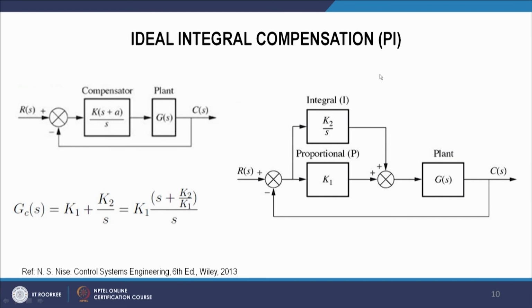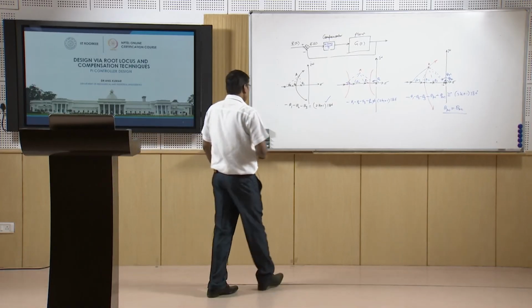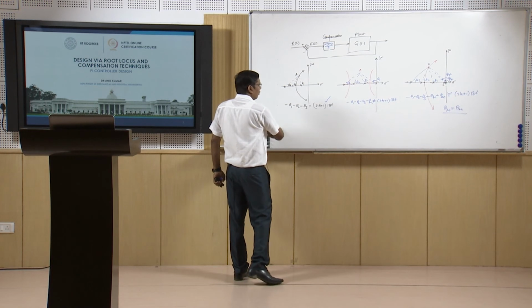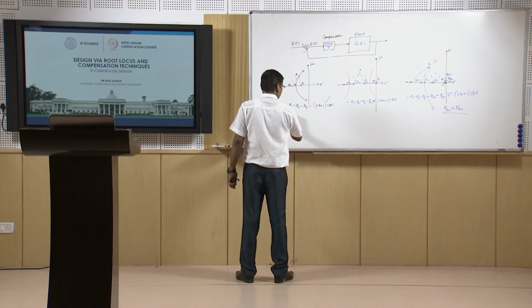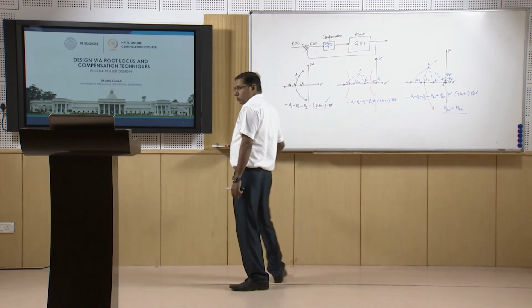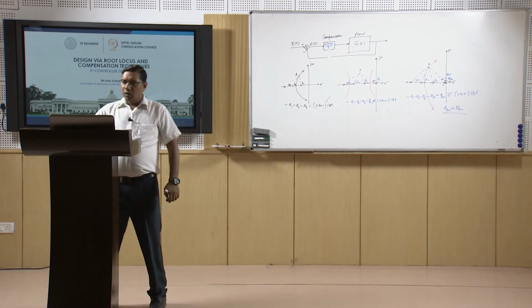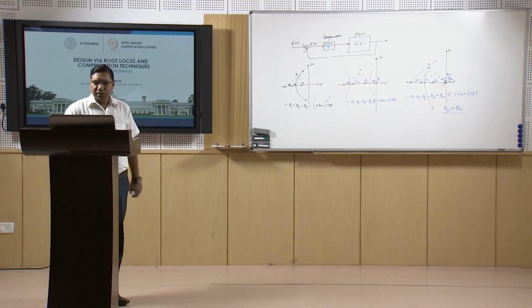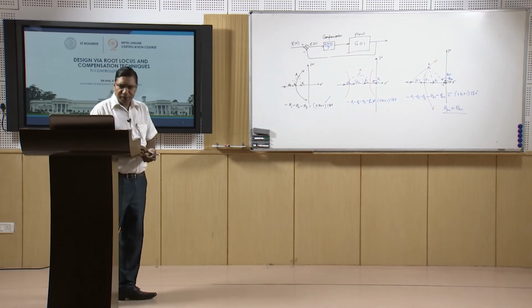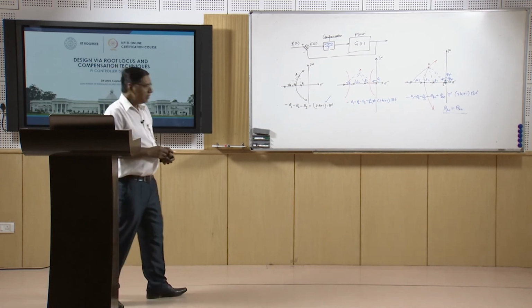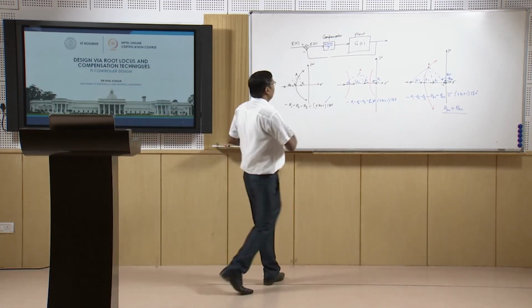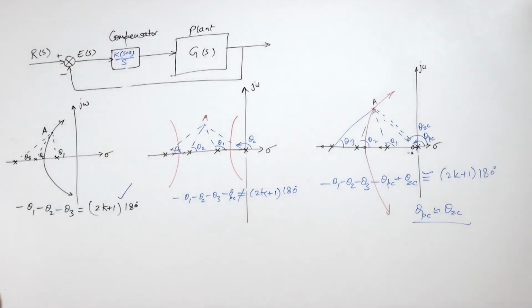Now, how do we represent this ideal integral compensation? We can see that here we have K(s plus a) by s.